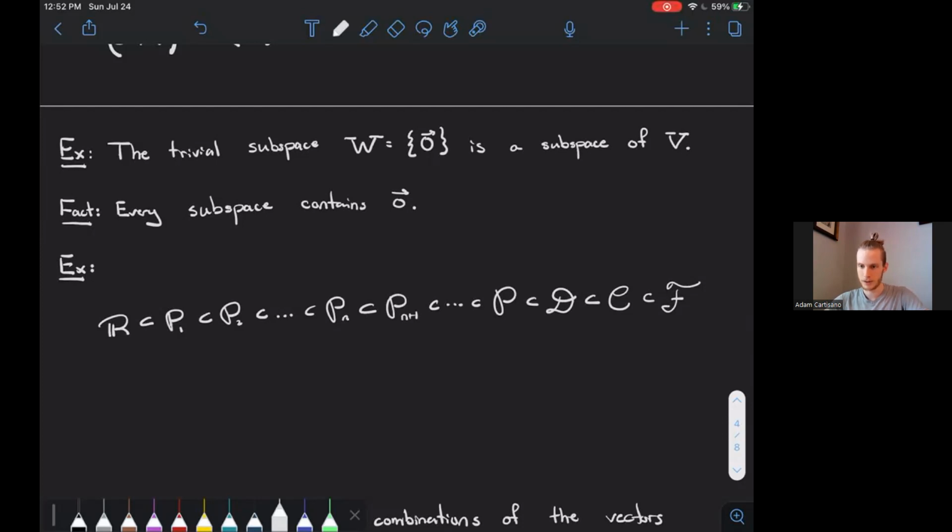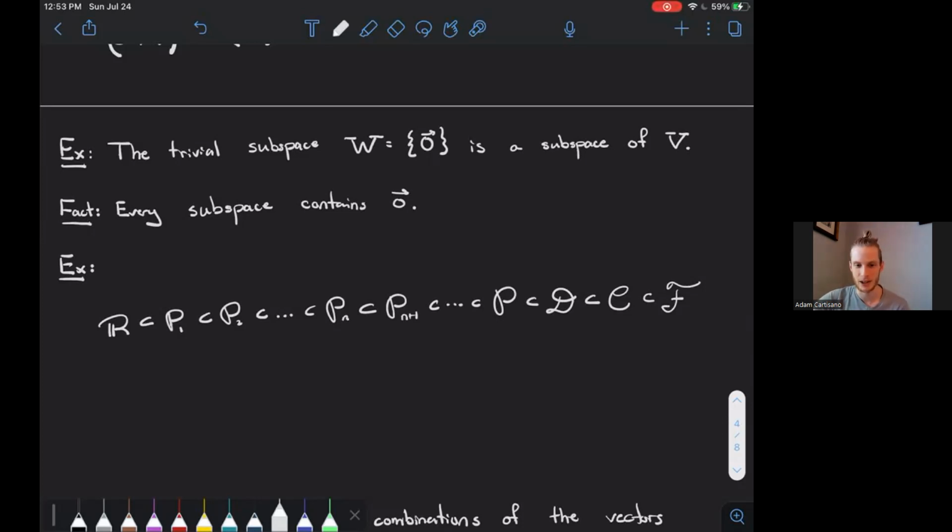The set of real numbers is a subspace of the set of polynomials of degree less than or equal to 1. Why? Because every real number is a polynomial of degree less than or equal to 1. Actually, it's a polynomial of degree 0 for a very dumb reason. And the set of polynomials of degree less than or equal to 1 is a subspace of the set of polynomials of degree less than or equal to 2, because every polynomial of degree less than or equal to 1 is a polynomial of degree less than or equal to 2.